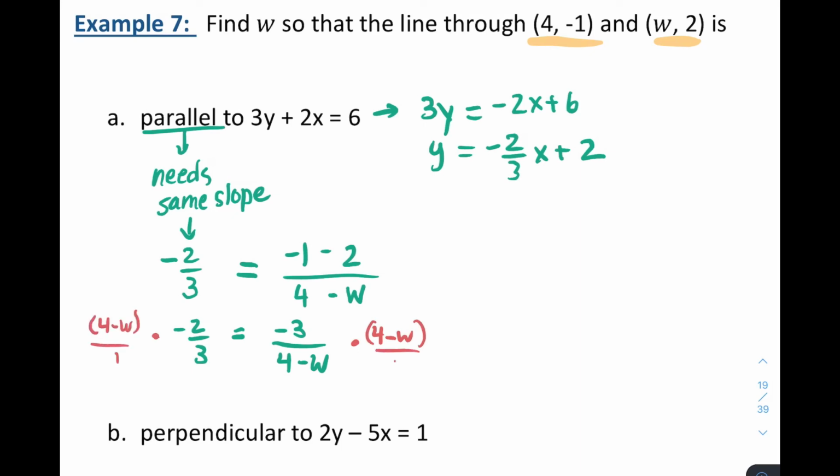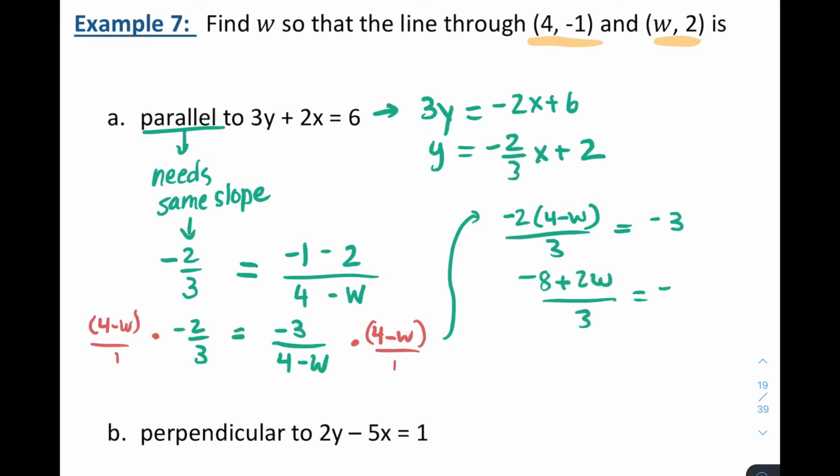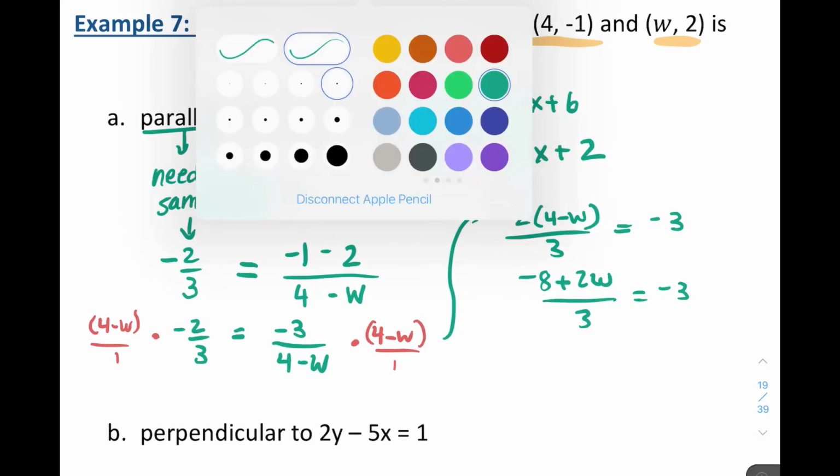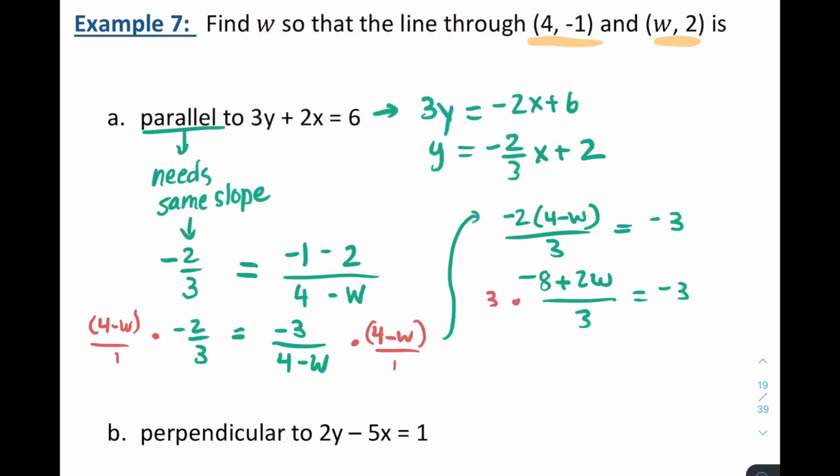So let's multiply by (4 - w) over 1 on both sides, which is going to give me -2(4 - w)/3 = -3. And if you multiply that -2 in, you get (-8 + 2w)/3 = -3. I'm going to multiply both sides times 3.